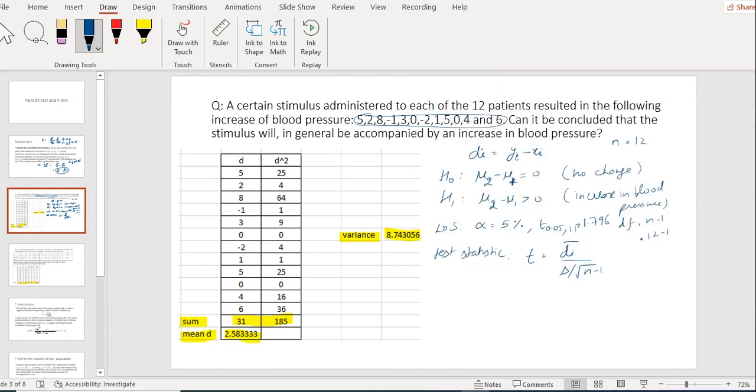The formula of variance is s square equal to 1 upon n summation d_i square minus d̄ square. So it is equal to 1 upon 12 into 185 minus (31 by 12) whole square.